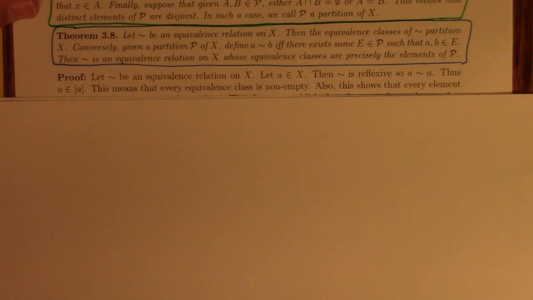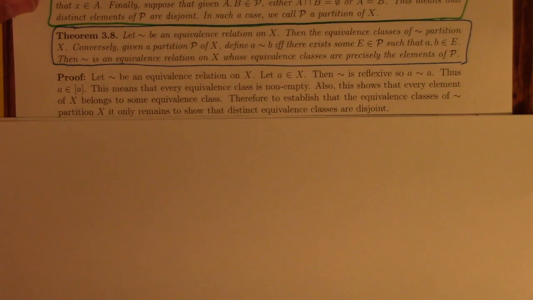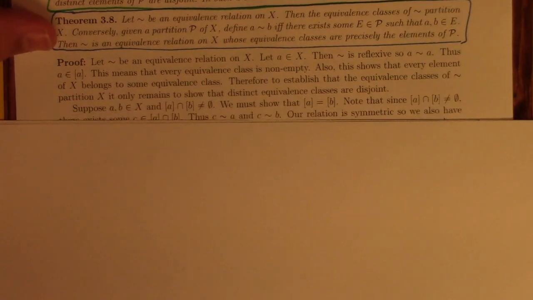That's important because the partition has to be non-empty subsets. It also shows that every element of X belongs to some equivalence class. So we've already shown that the equivalence classes cover the set X. So now all we have to do is show that the equivalence classes are disjoint.